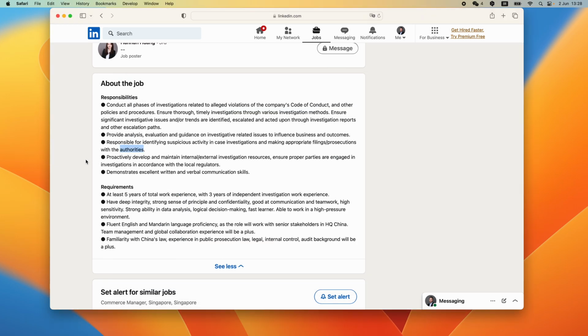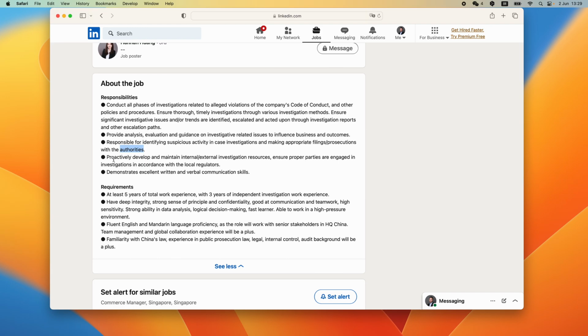I don't know what about the authorities. Maybe the legal teams, maybe the lawyer, maybe the team leader, maybe the boss. I don't know. Maybe this is a workflow, just not a significant person in the organization.